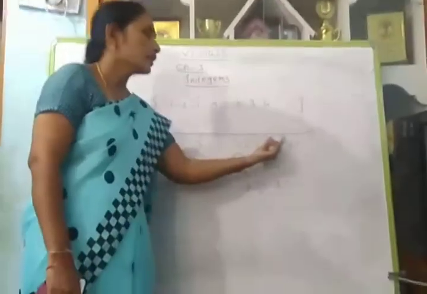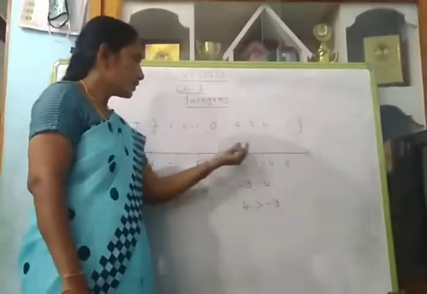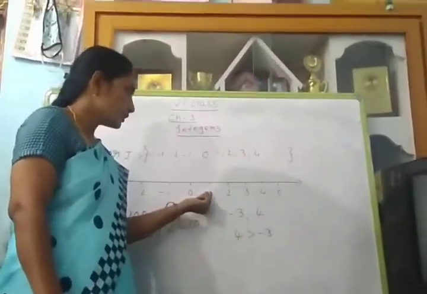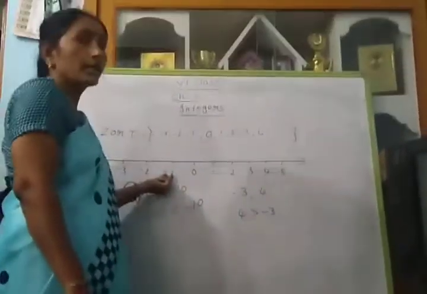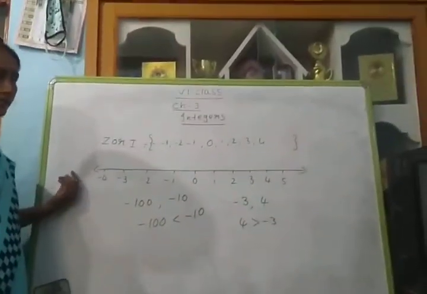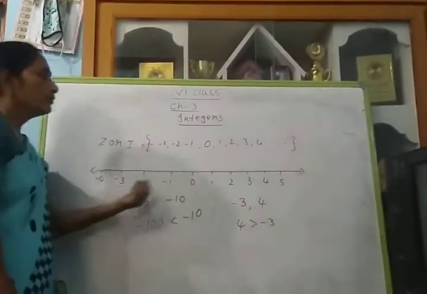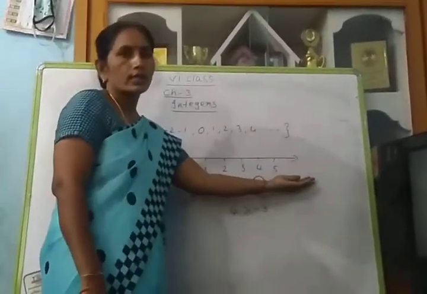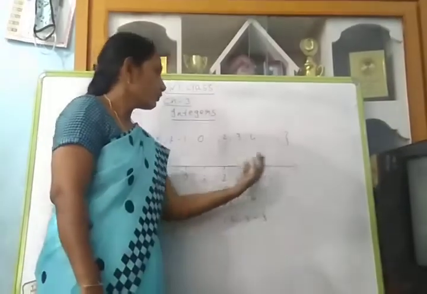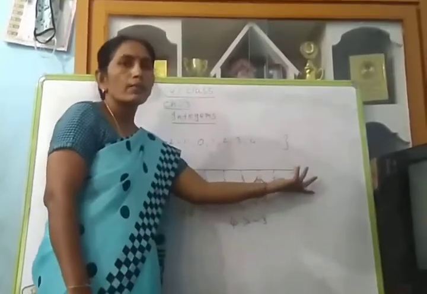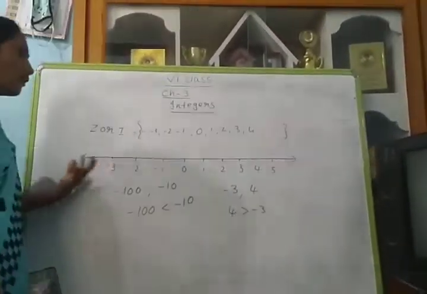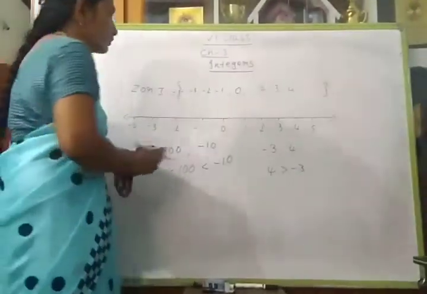There are infinite positive integers. The smallest positive integer is 1. The greatest negative integer is minus 1. The smallest negative integer cannot be determined, and the greatest positive integer also cannot be determined. On the right side we can write infinite positive integers, and on the left side infinite negative integers.